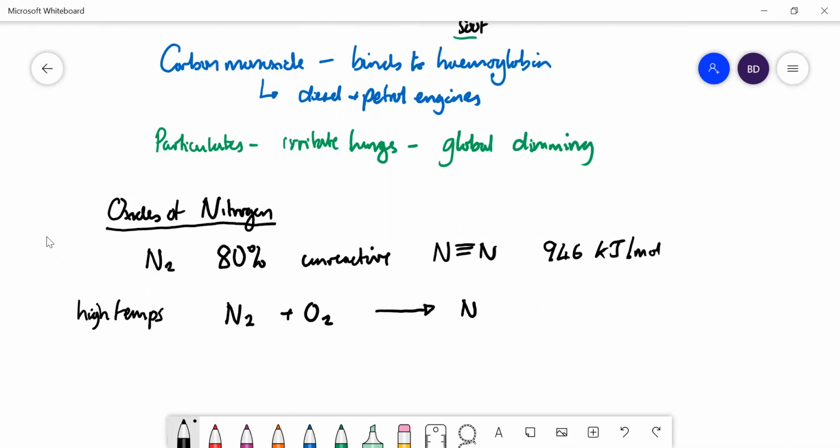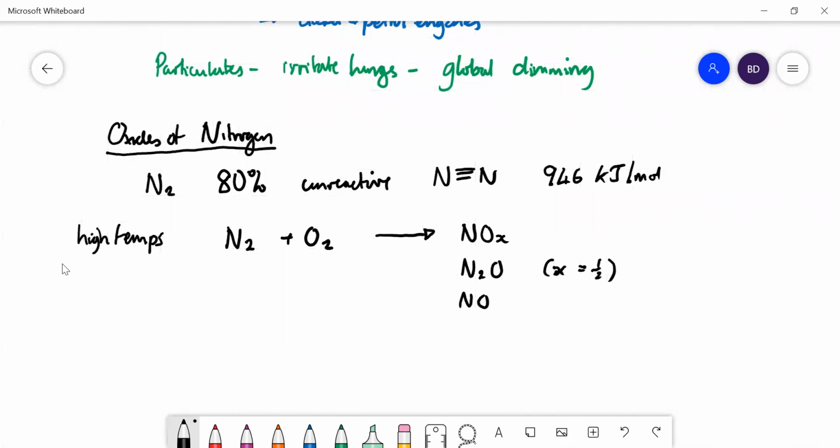They're sometimes called NOx, because X can be a different number. So you can have nitrous oxide, where X would be equal to a half, or you could have nitrogen monoxide, X is equal to 1. And you can also have nitrogen dioxide, NO2. They're all produced. But the problem with all of those is, in the air, they all react with oxygen and water to form HNO3, which you'll probably recognize as nitric acid.